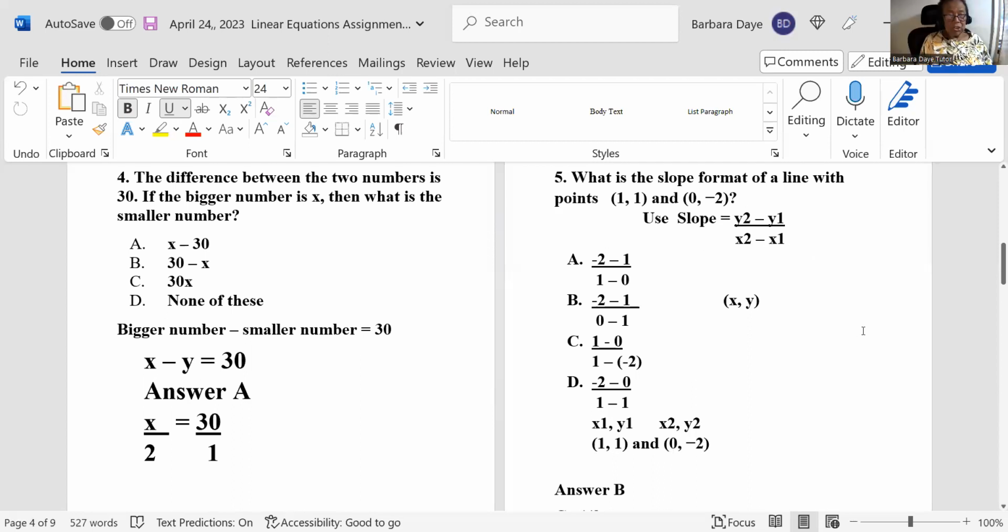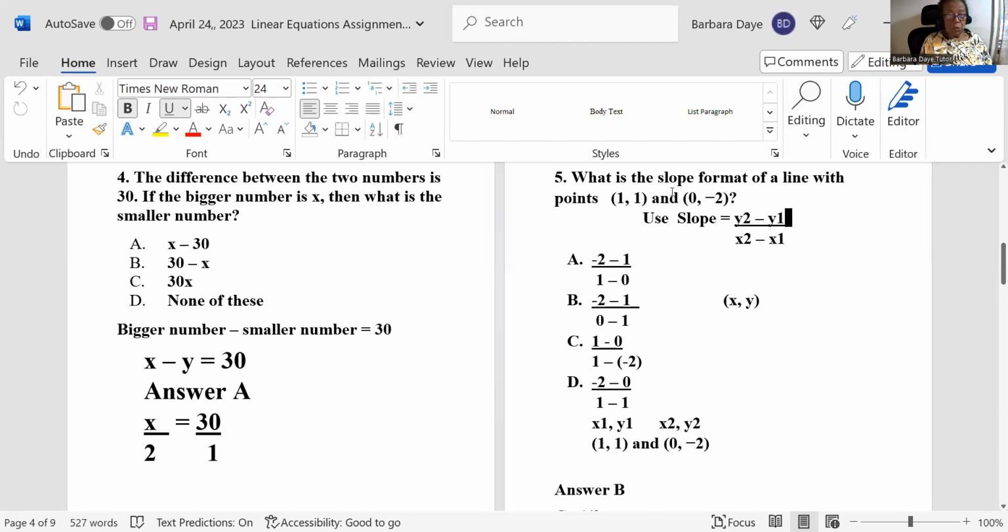But the key is don't mix them up. This is a set of XY. This is a set of XY. You can't mix up these X and Ys. This is the first set, so you label it 1. Second set, label it 2. You could have labeled this one 1 and this one 2, but you don't mix them.